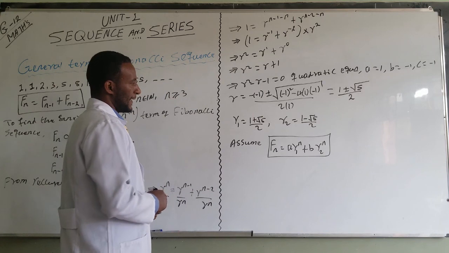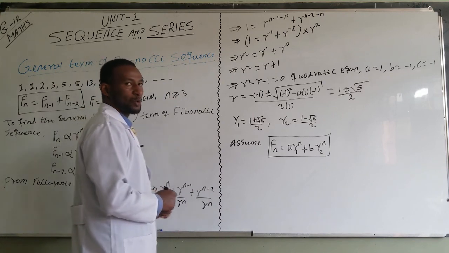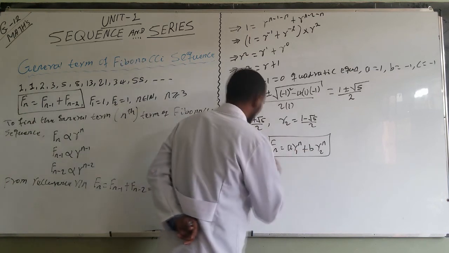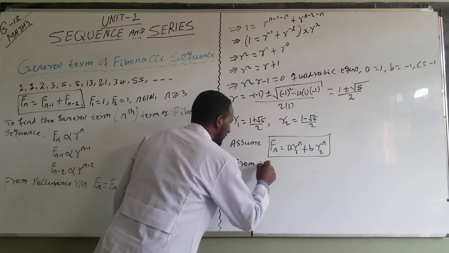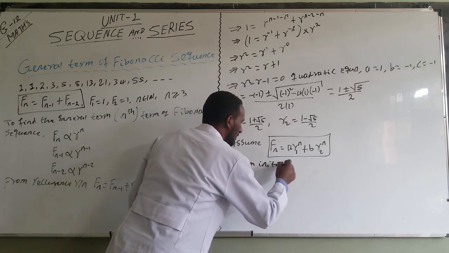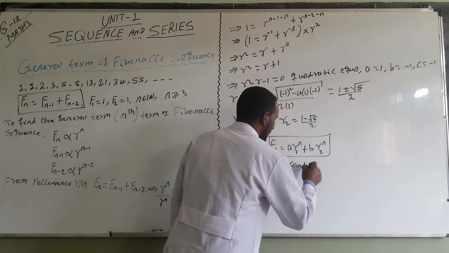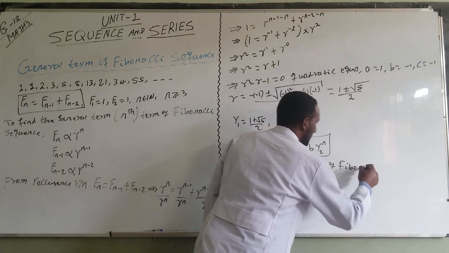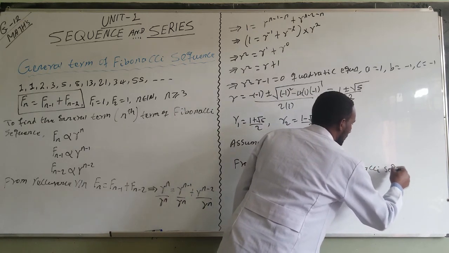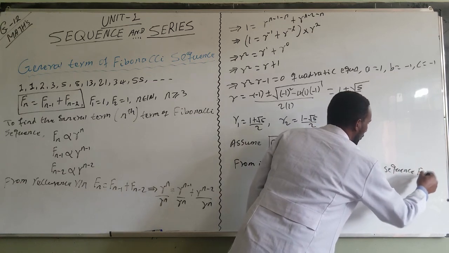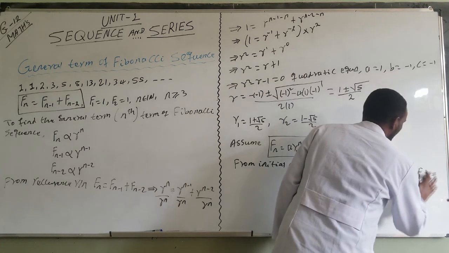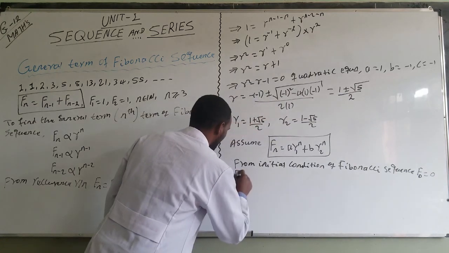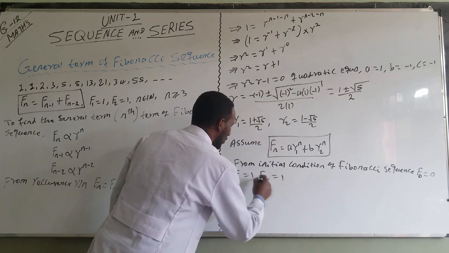Okay, let us take the initial conditions of the Fibonacci sequence. We can take f naught is equal to 0, f1 is equal to 1 and f2 is equal to 1.